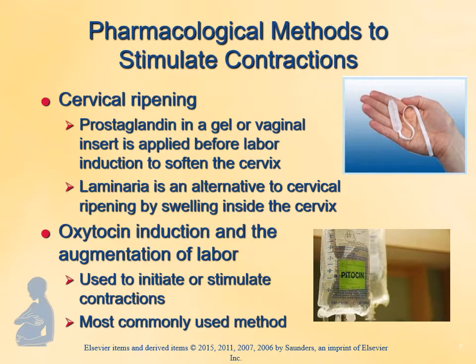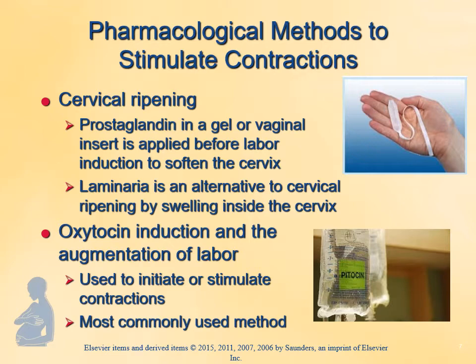And then as far as a cervical ripening method, we use some type of prostaglandin, and that's usually going to be in the way of Cervidil, which is what this picture is demonstrating on the top here. It looks like kind of like a flat suppository on a string, and that flat part is impregnated with medication.